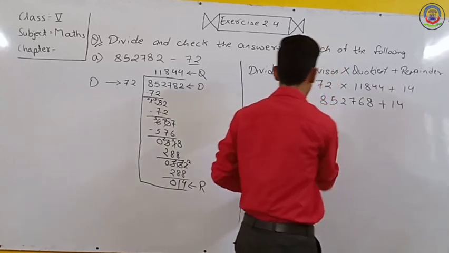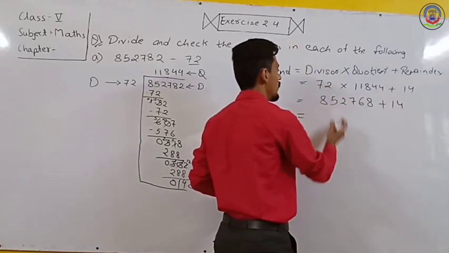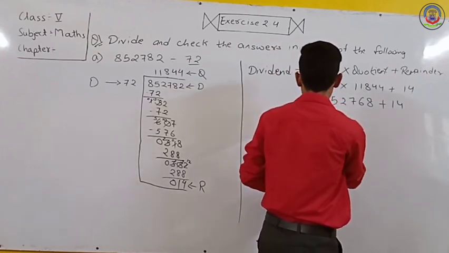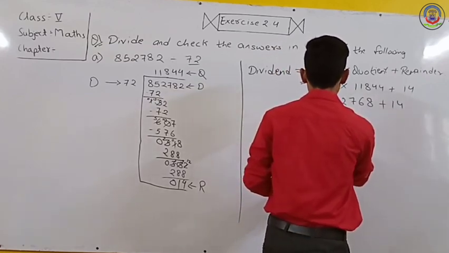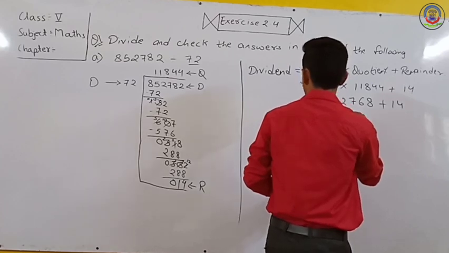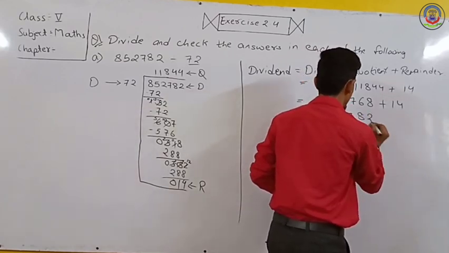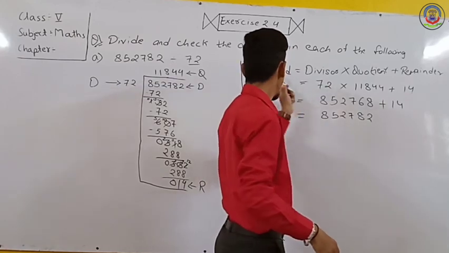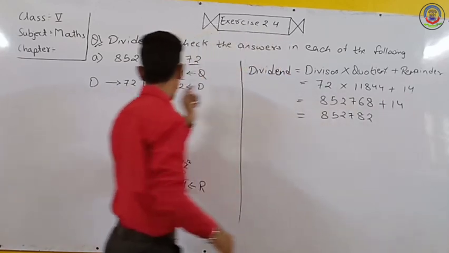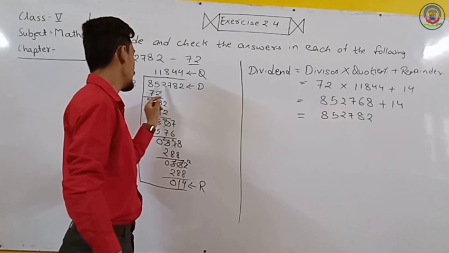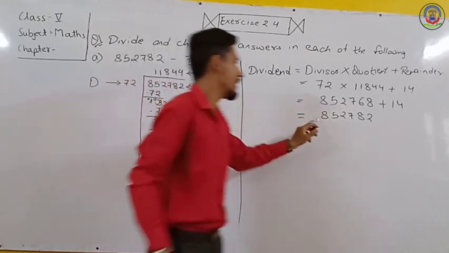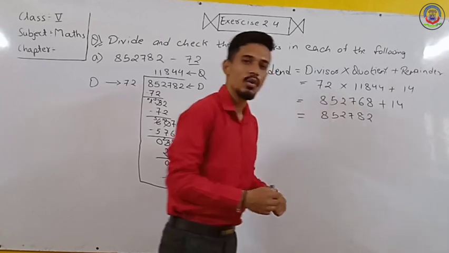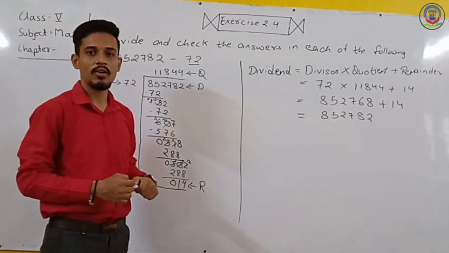So addition of 14 with 8,52,768 is 8,52,782. So as we know, the dividend is here and let's check, it is also here 8,52,782. So that's how we can check the answer of division.